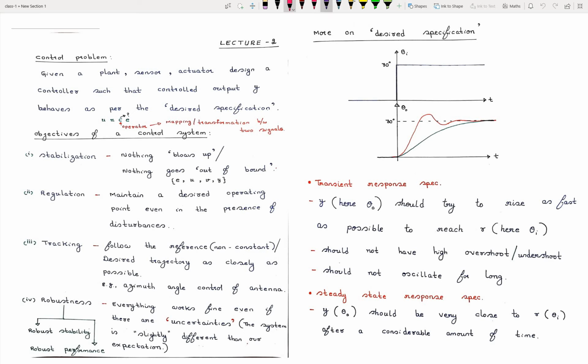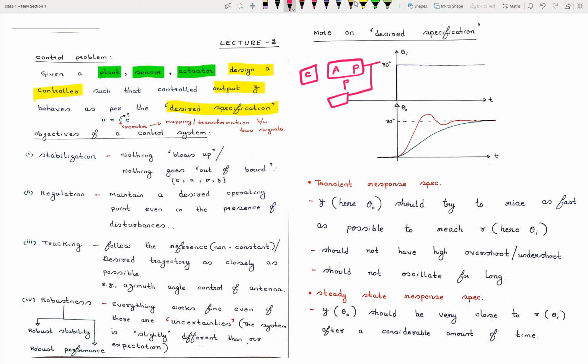So as I have written here, for a given plant, sensor, and actuator, we design the controller such that output Y behaves as per desired specifications. In control system, like in lecture 1, I have explained, we have plant and actuator, combined we call it the process, and we have the controller, and we measure the output using some sensor.